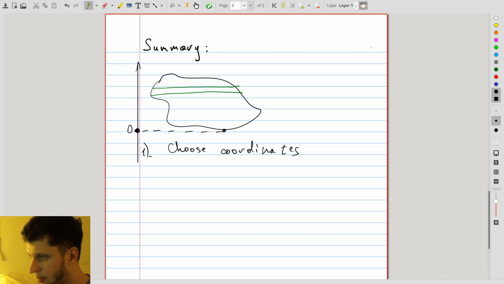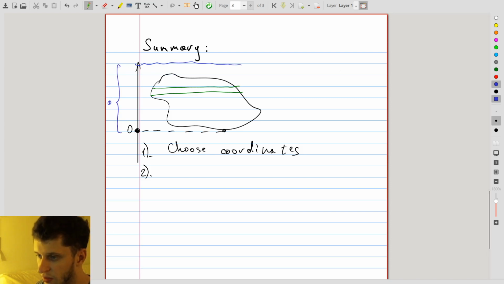And then once you have done that, you want to find the depth. So let's say this is the level of the liquid, and this here is some depth d. Then find depth depending on y.